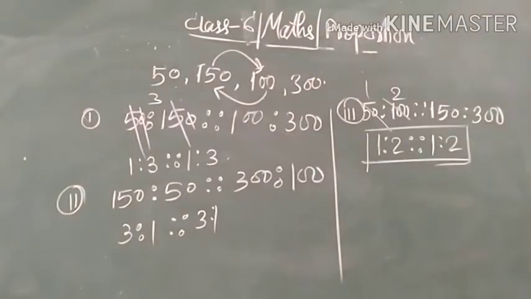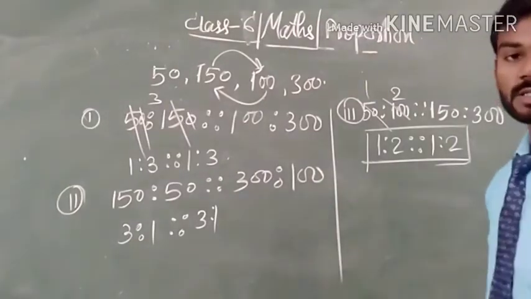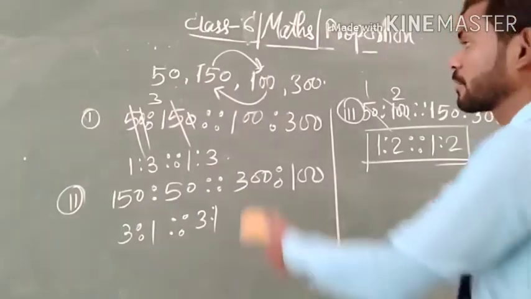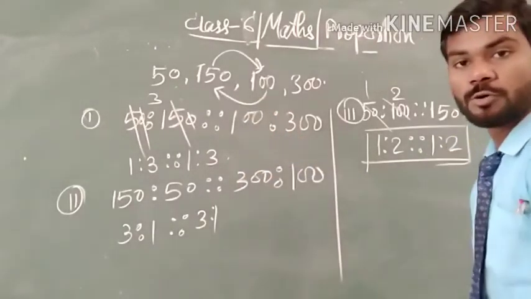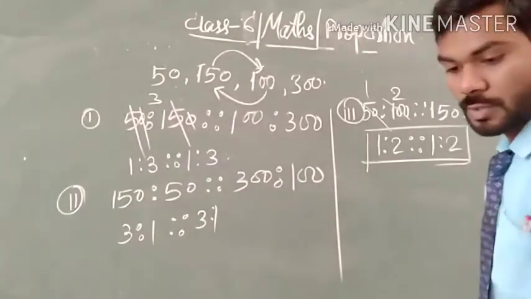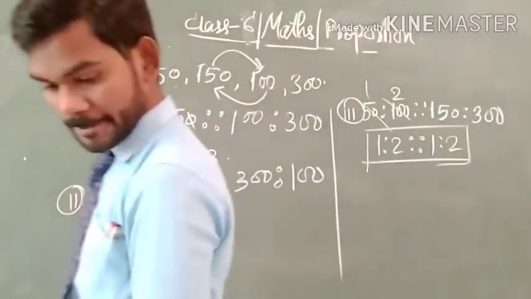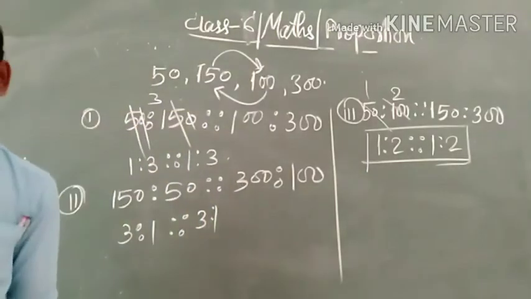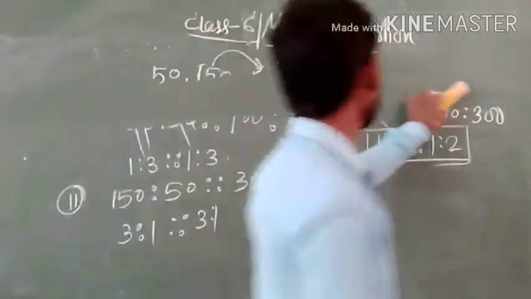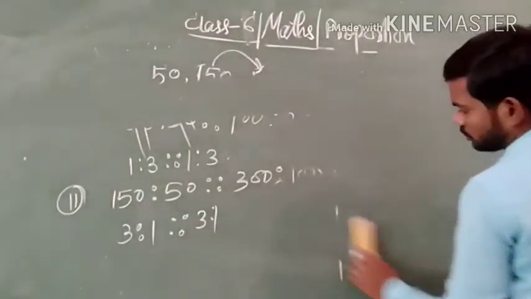Therefore, these three cases represent the proportion of the given numbers. So I hope that you understood it clearly. Okay, students. Now let us see the next question. The remaining questions of this you have to solve at your home.